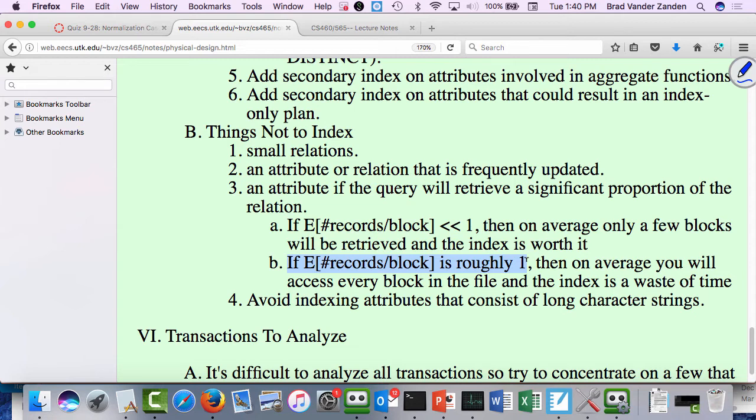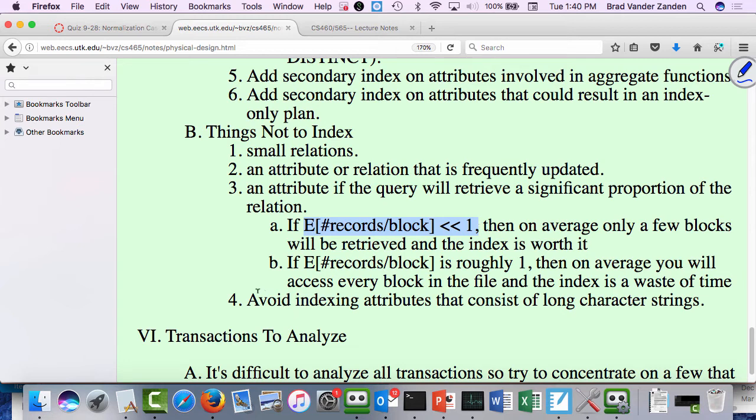But if they're randomly scattered throughout the relation, then an expected number of 1 record per block means we expect to pretty much access every block in our file. So in fact, we shouldn't be indexing unless the number of records per block that we expect the query to return is considerably less than 1. We only expect it to get at a few blocks.